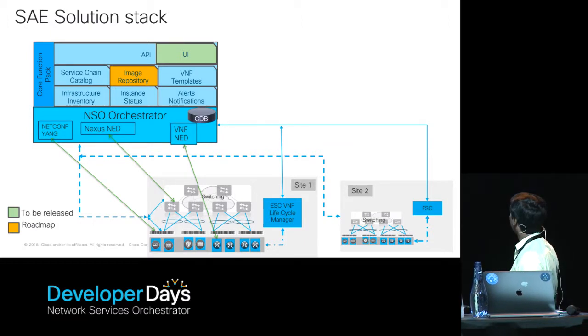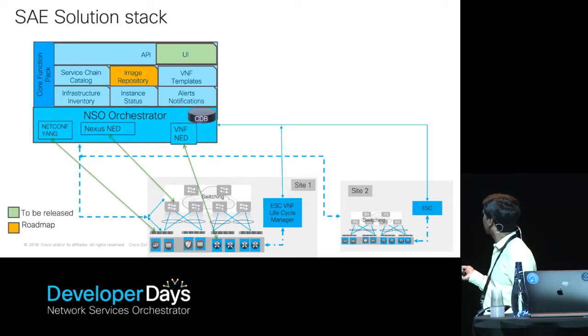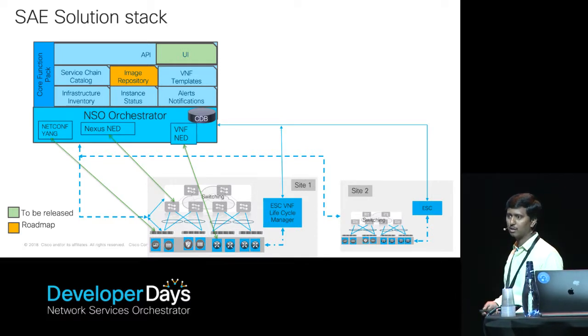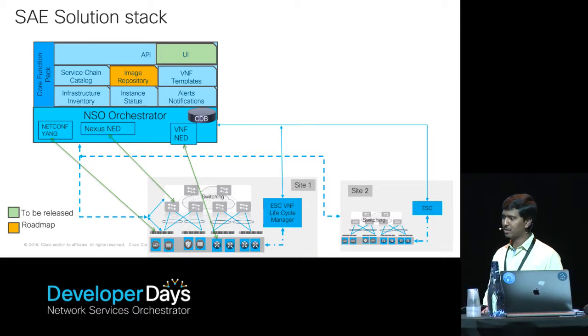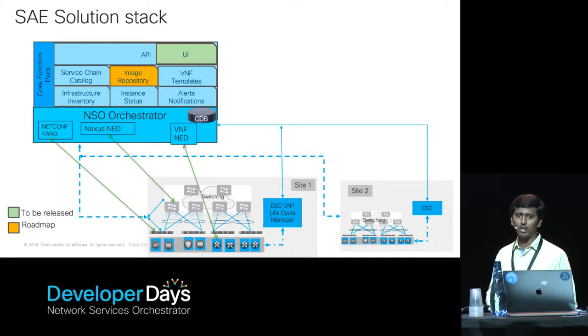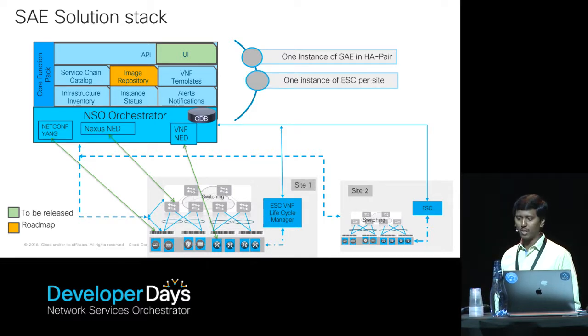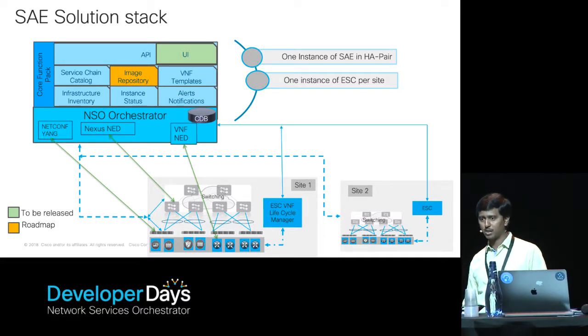So what does the solution stack look like? We look at a per-site basis where users can integrate with NSO, the NETS, the CDB database, along with the APIs and the function packs loaded on the NSO for them to seamlessly deploy the service chains and manage any of the day one and day two configurations through this. We recommend one instance of SAE in an HA pair, followed by one instance of the VNF lifecycle manager, that is ESC, per site.